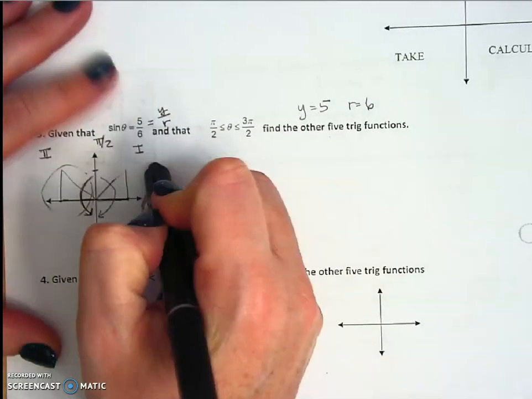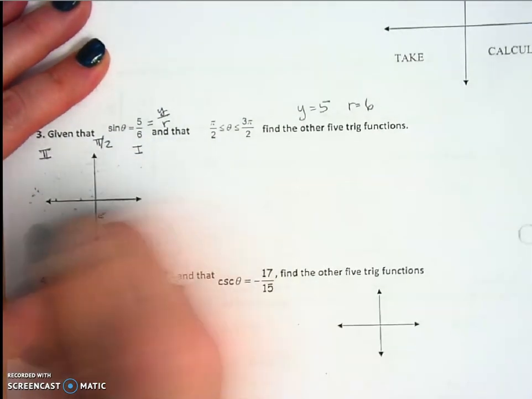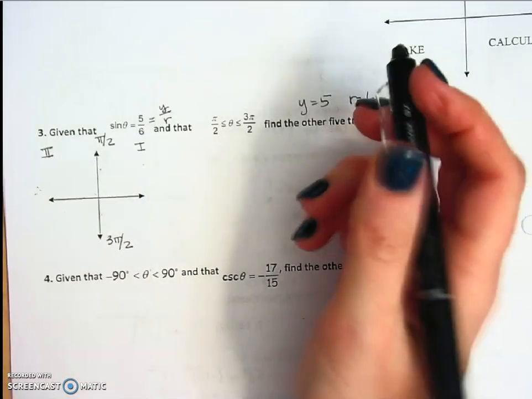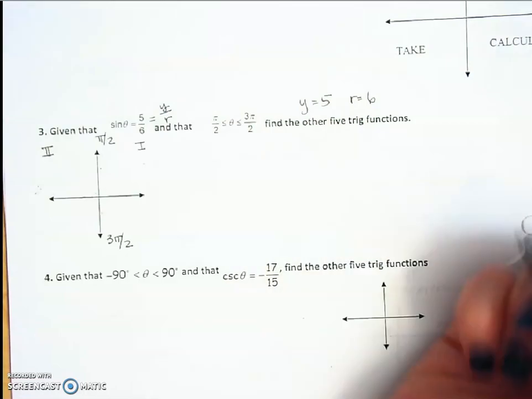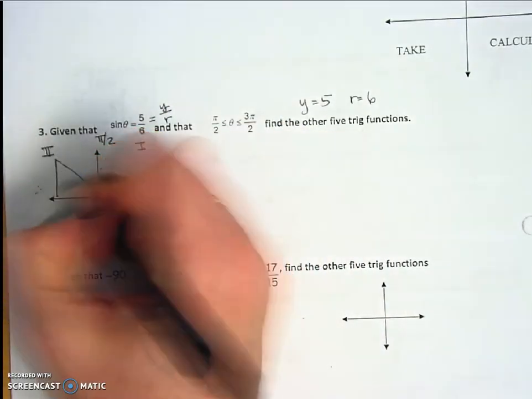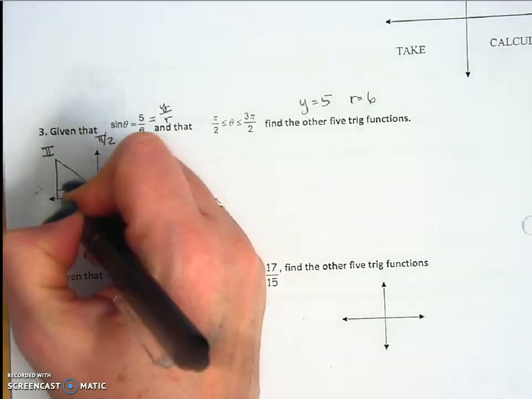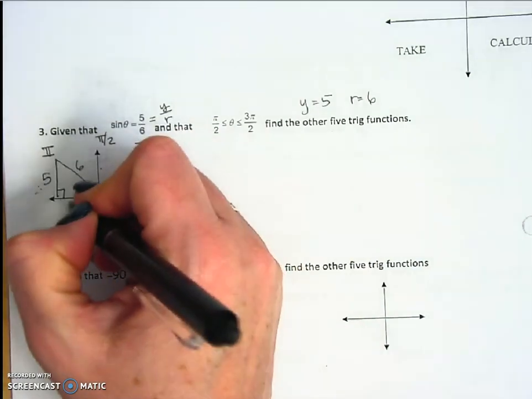All right. So let me erase this and get a fresh triangle going. I'm going to be using a triangle in quadrant 2. Here's my theta. I know that y is 5 and r is 6 and this is my x.